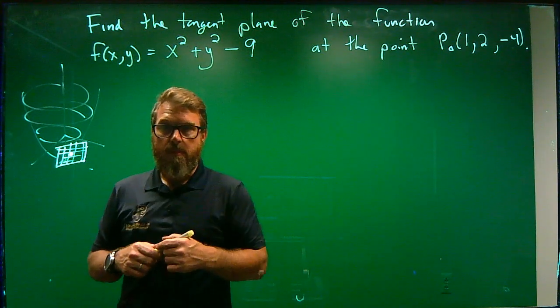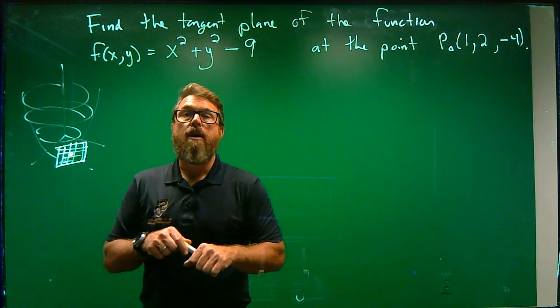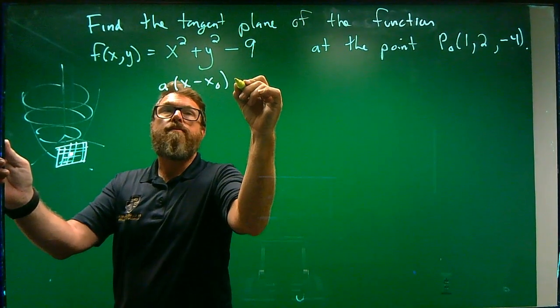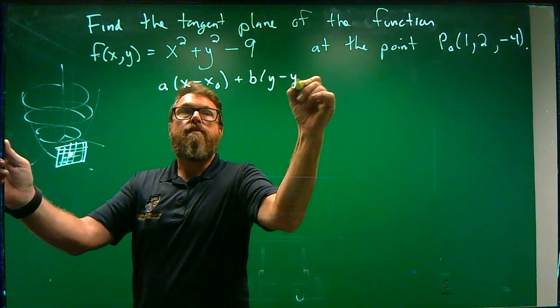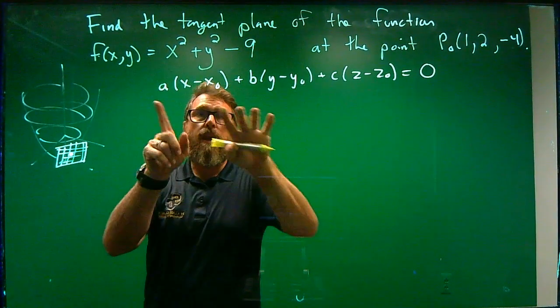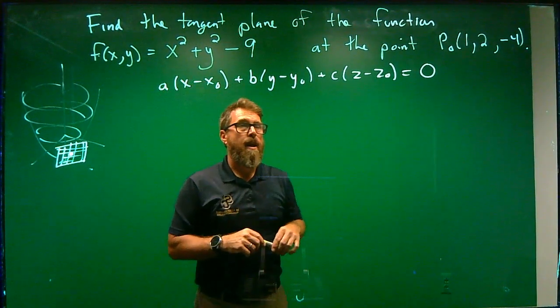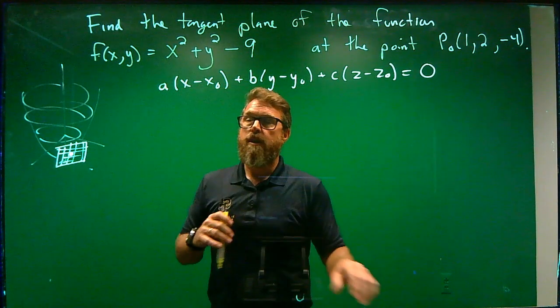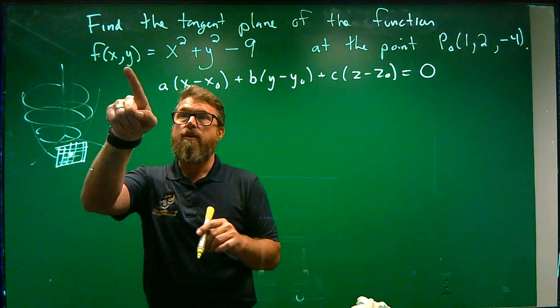Very similar, what's going to happen here is we know the equation of a tangent plane is going to be equal to this, where a, b, and c are nothing more than the partial derivatives of this particular function. Now, this function is equal to z.